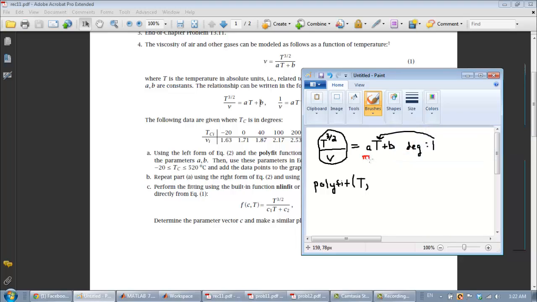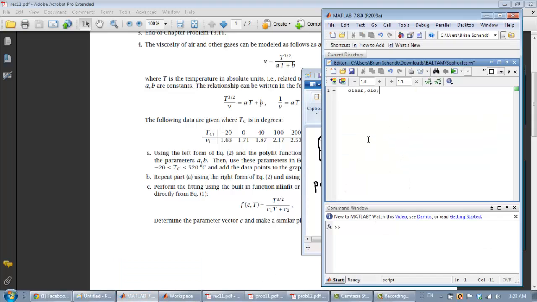This a is m, this is your x, this is your b, and this entire expression over here is y. So we follow exactly the form that it's put in. You're going to have t to the 3 halves over v, and 1 here. So let's actually see what the code for that looks like.